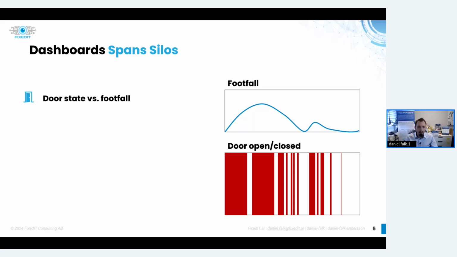Then that doesn't tell you anything at all. That value isn't worth anything. If you just measure the footfall through the door, again, it doesn't tell you anything about if the door is open or closed. So it's not valuable for you. But if you combine these two, then you can see, is the door open when no people are walking through it? Then we should trigger an alert to notify someone to go and close the door.